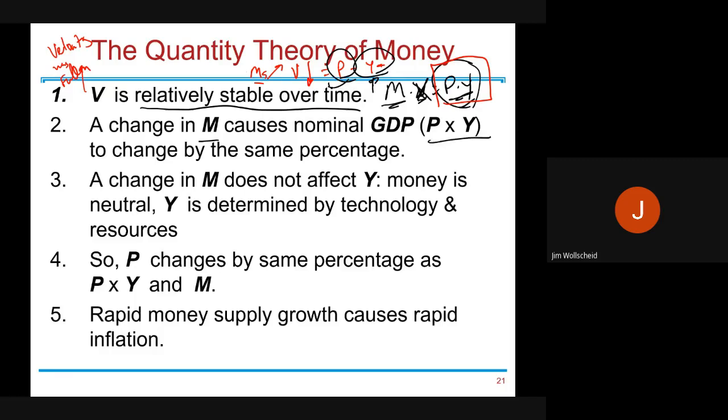Under normal circumstances where V doesn't change, if we change M, then P or Y must change by the same percentage. If we think about Y, and we go back to chapter 10 where we talked about real GDP, or productivity, or real income, we talked about the four factors of productivity, what changes our income: natural resources, human capital, physical capital, and technological knowledge.